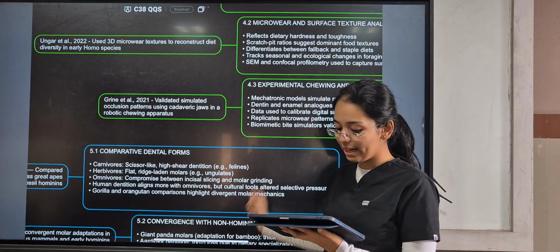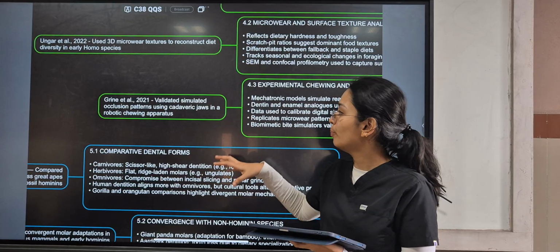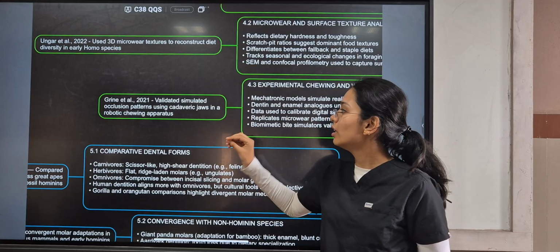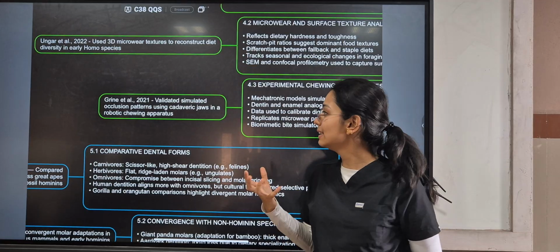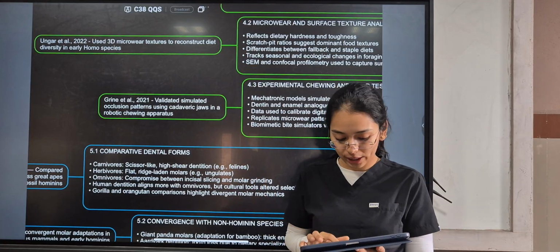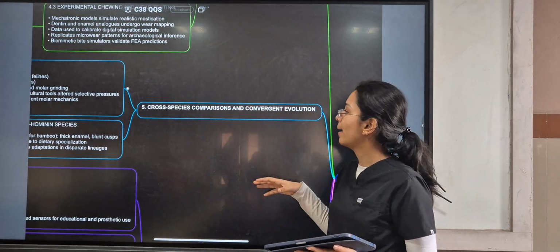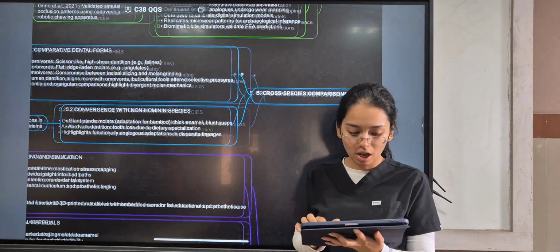There was a study done by Craniofacial in 2021 which validated the simulated attrition pattern using jaws of cadavers in a robotic chewing apparatus.